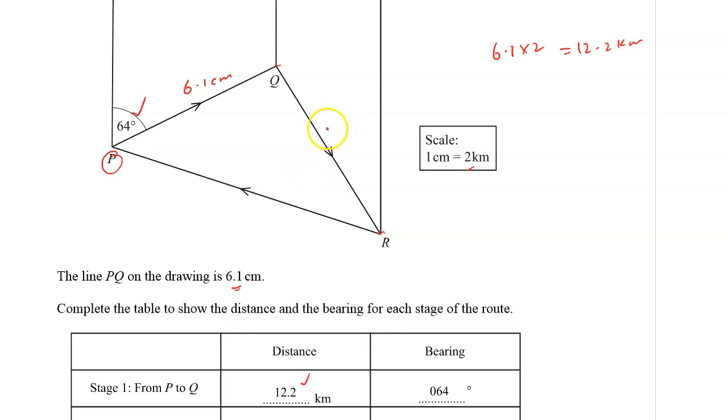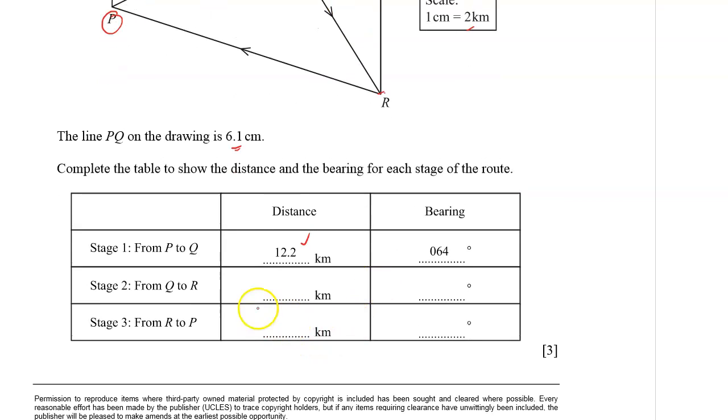When I do that, I get 13 kilometers. And for stage R to P, when I measure, I'm getting this distance here is 9.4 centimeters, and multiplying by 2, I get 18.8 kilometers.